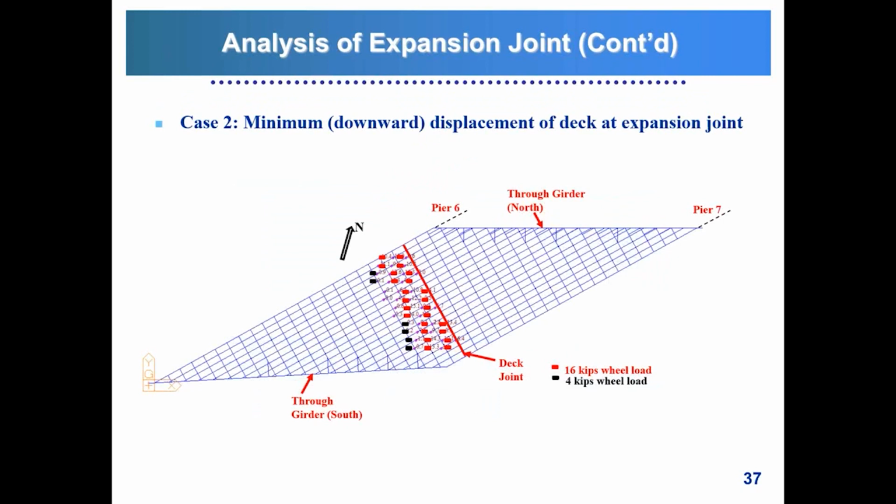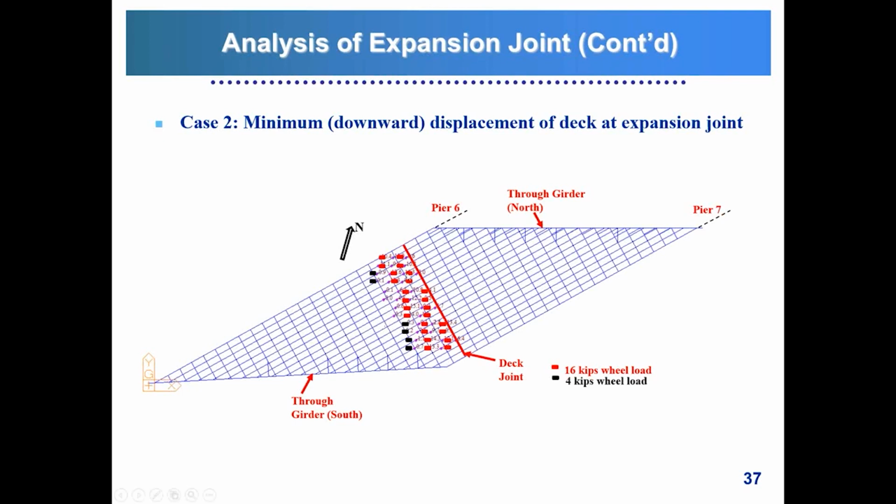The second case, which is the more intuitive case, is the case when all your truck loads are located south of the expansion joint, and that will be the case, for example, when the trucks are moving northbound, and the truck is just about to approach that expansion joint.